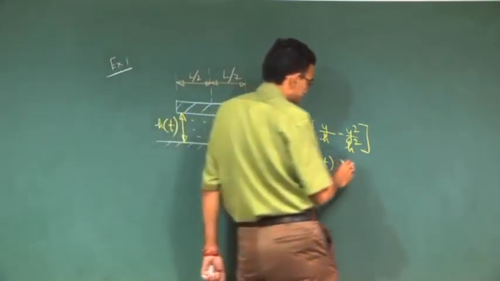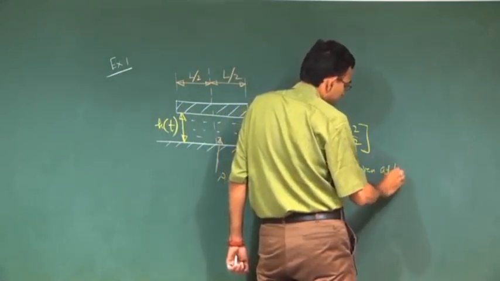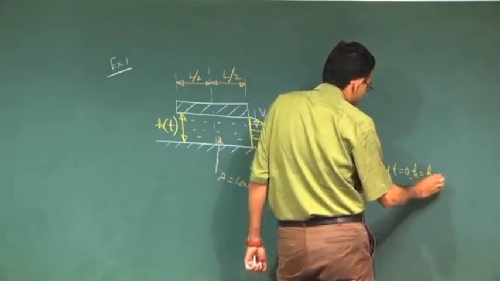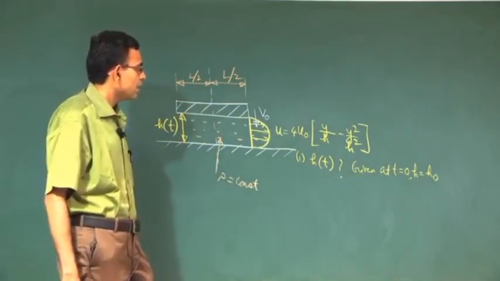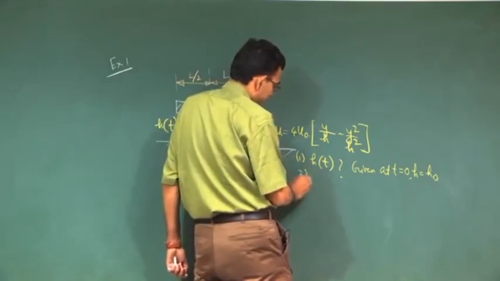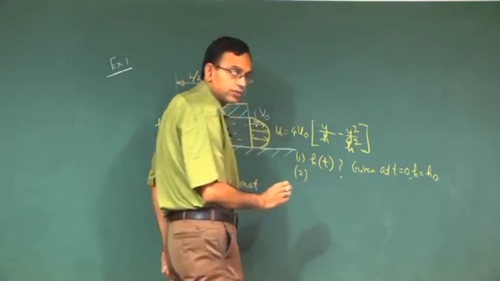Given that at t is equal to 0, h is equal to h0, and then what is the relationship between u0 and v0?